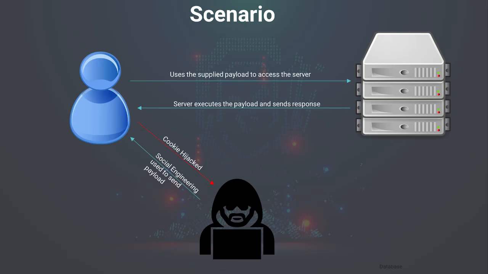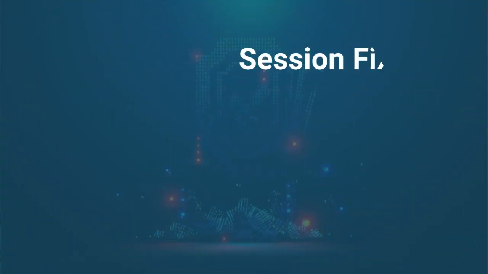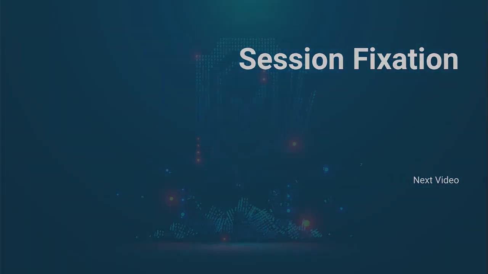Once the user clicks on the link, the request goes to the web server, the payload is executed and the response is sent back. And due to that, what is going to happen? The attached payload is going to send the cookie back to the attacker, hijacking the session. That's it for this video. Thank you.